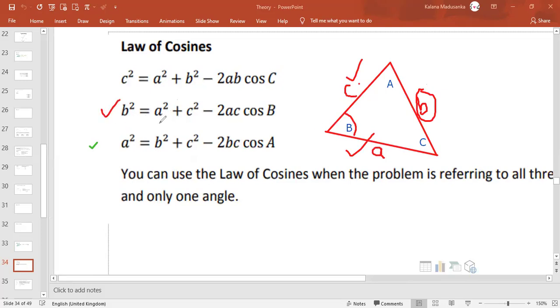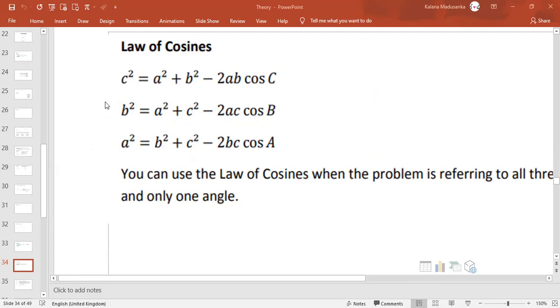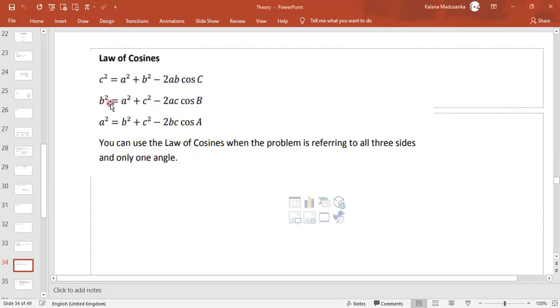B squared is equal to A square plus C square minus 2AC cos B. And the exact opposite: let's say you need to find out c square, then you should know a and b, then the cos C angle, right? So obviously you can see there are small similarities between the equations, right?